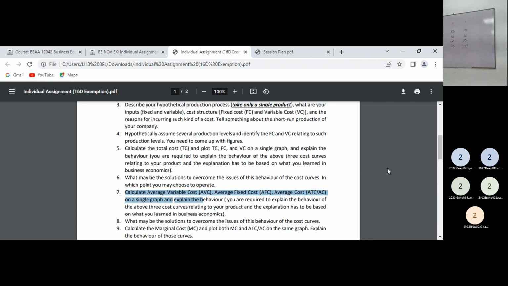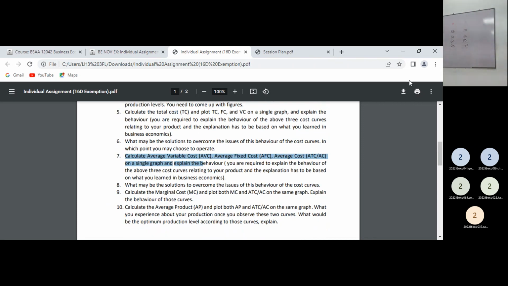Then here again, you have to calculate those average fixed costs, average variable cost, and average total cost, and explain the behavior relating to your product. So again, what may be the solutions to overcome the issues of this behavior? There could be certain issues relating to your product, relating to your average cost figures. So you need to come up with solutions for that.